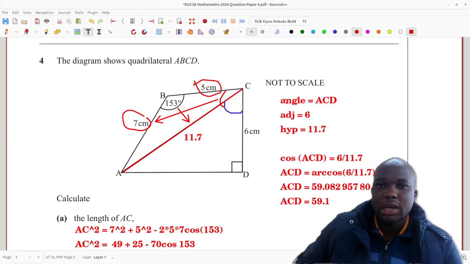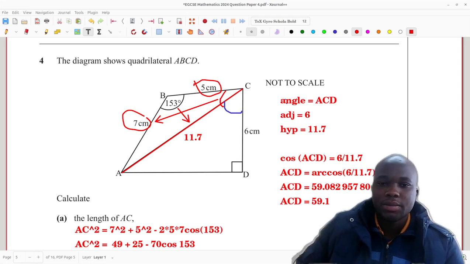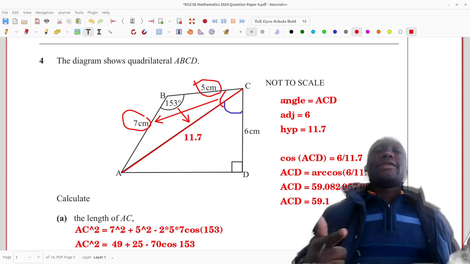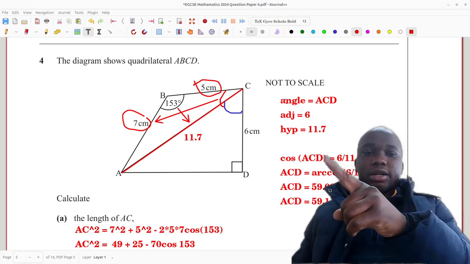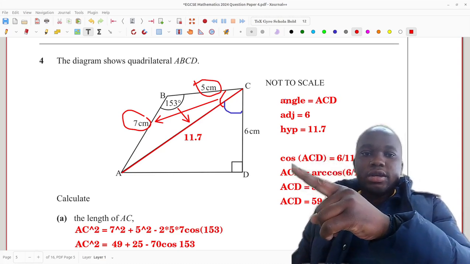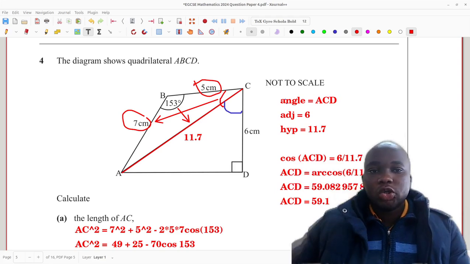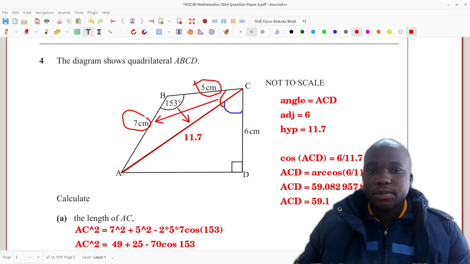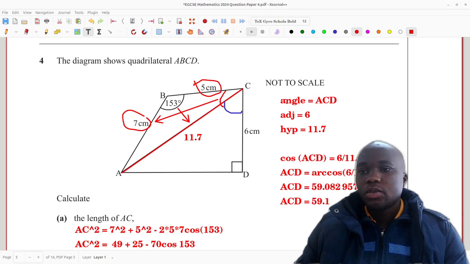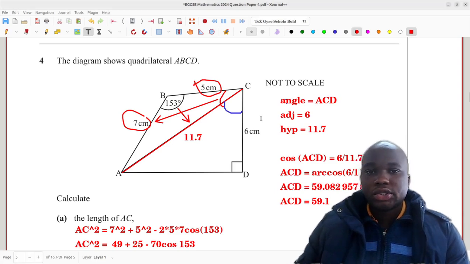You'll see it's actually the other angle in the right angle triangle. So we are just going to use the sum of angles in the right angle triangle there. We are going to use the sum, and then you are going to easily find a solution there.